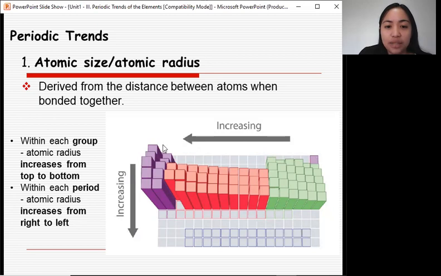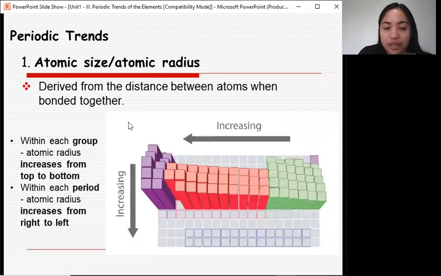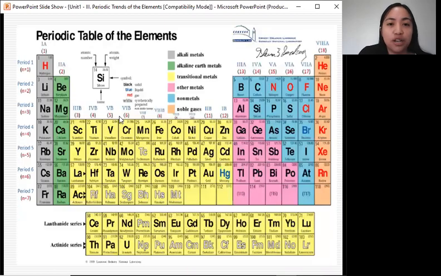As you can see, lithium is larger than cesium, based on this picture. So the trend for atomic radius or atomic size is increasing from top to bottom and from right to left.